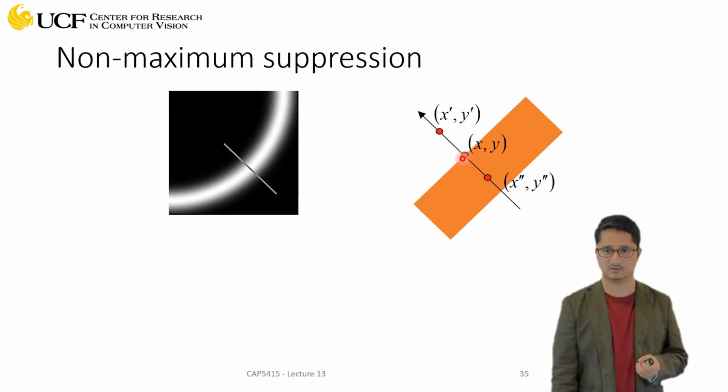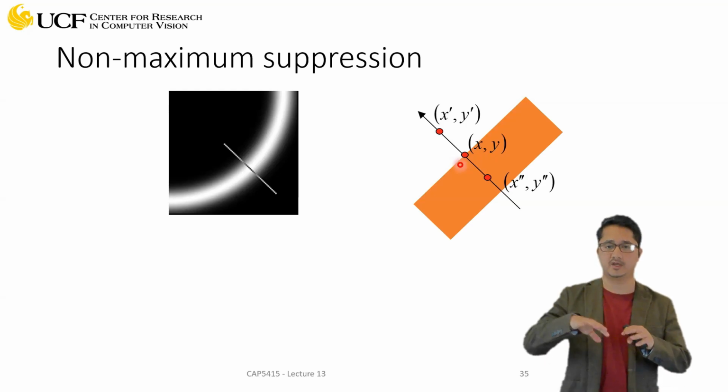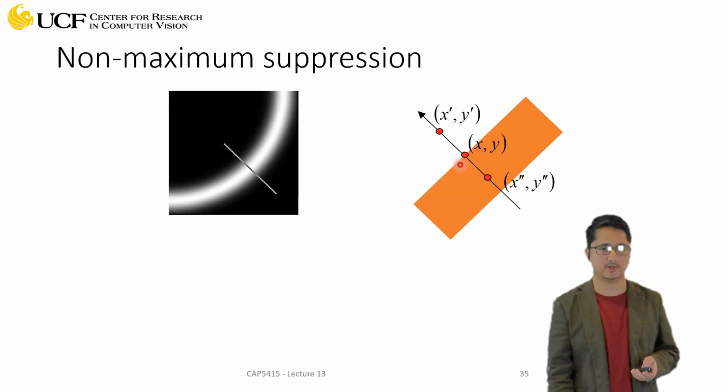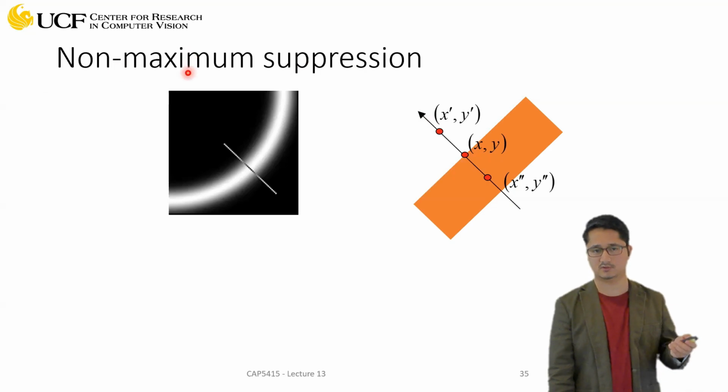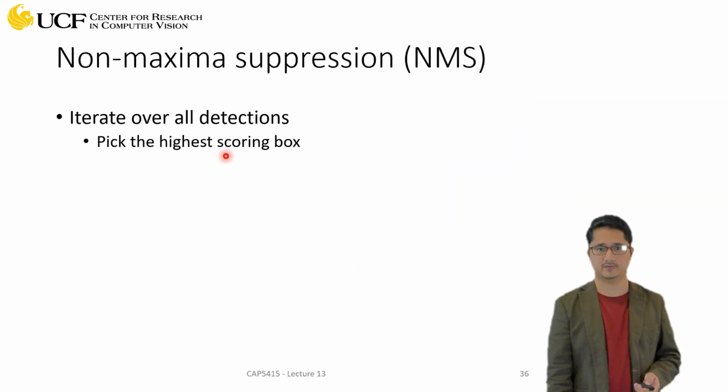But if it's not greater than these two, we say this is not an edge. So you're suppressing if it's not dominant in the neighborhood. Okay, so that's the name non-maximum suppression. If it's non-maximum, we suppress it. So the idea remains the same, but here it's a slightly modified algorithm.